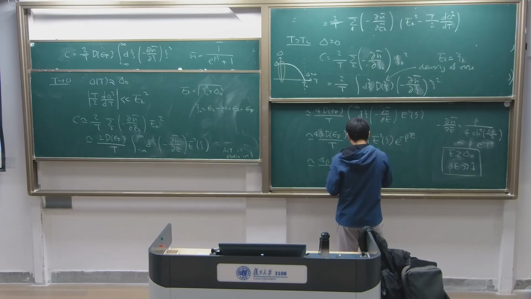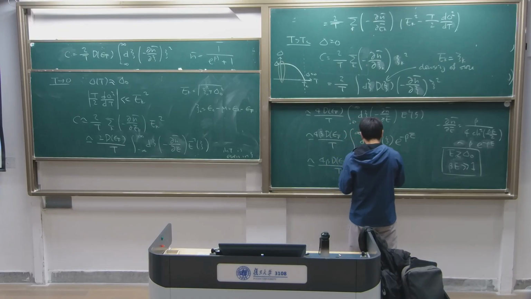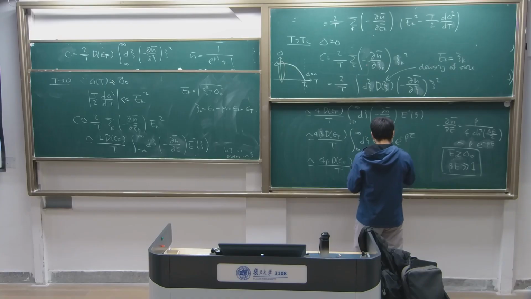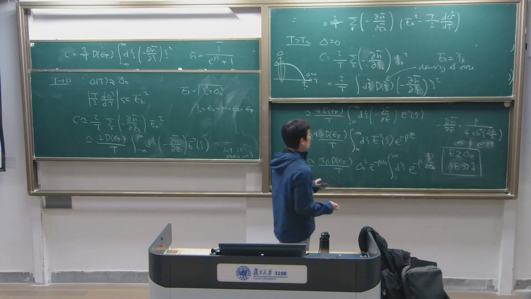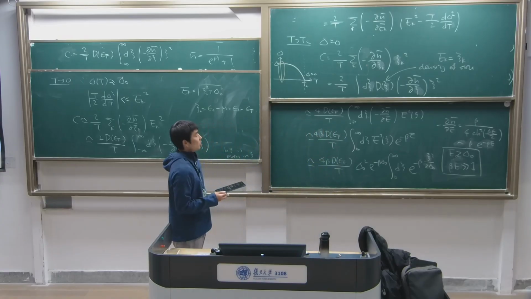This is delta naught square E to the minus beta delta naught, and 0 to infinity, E to the minus beta E square divided by 2 delta naught. Like this. So that's the approximation.